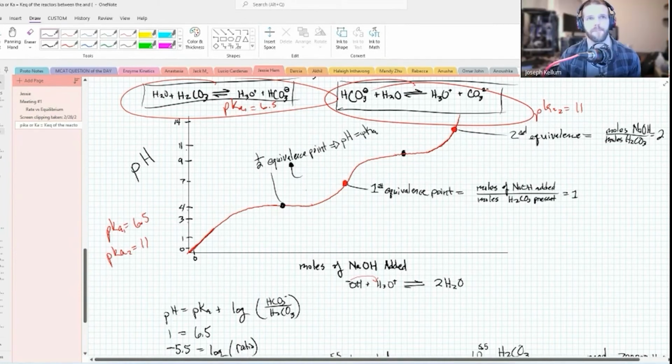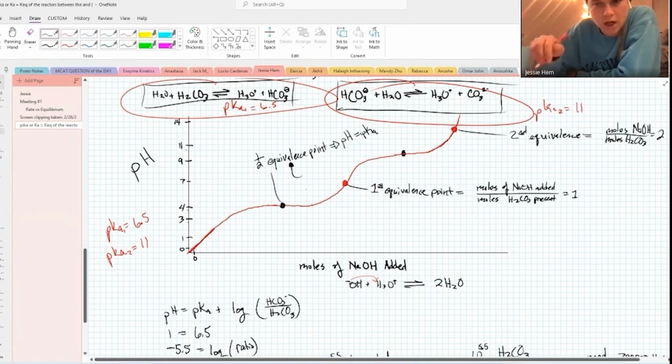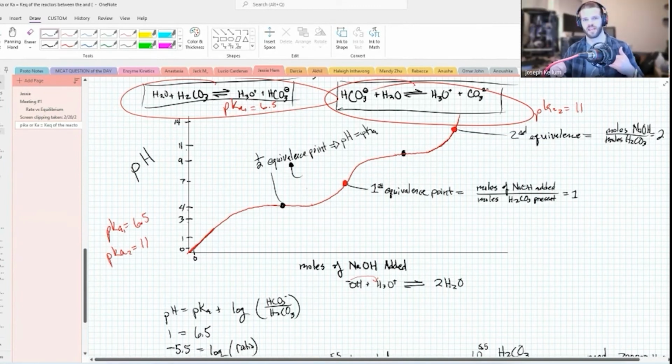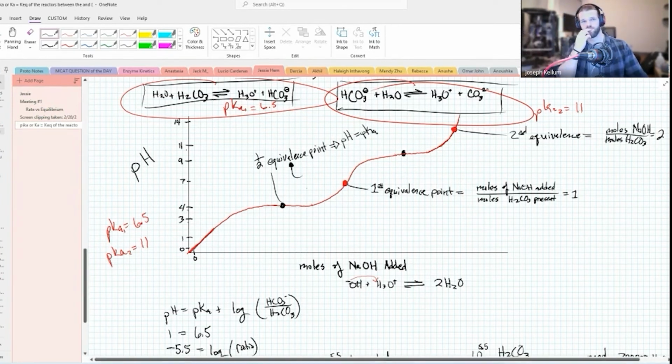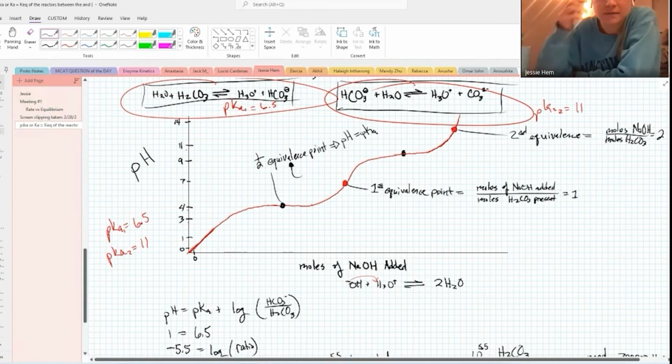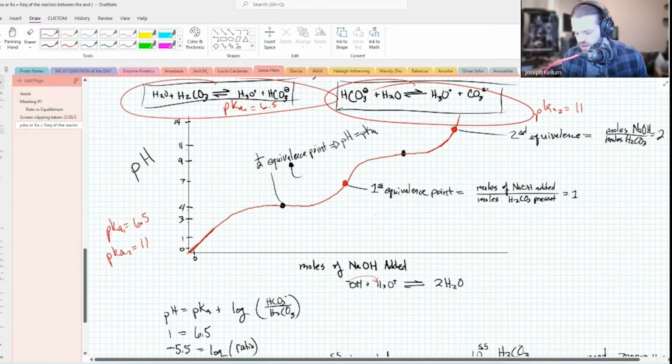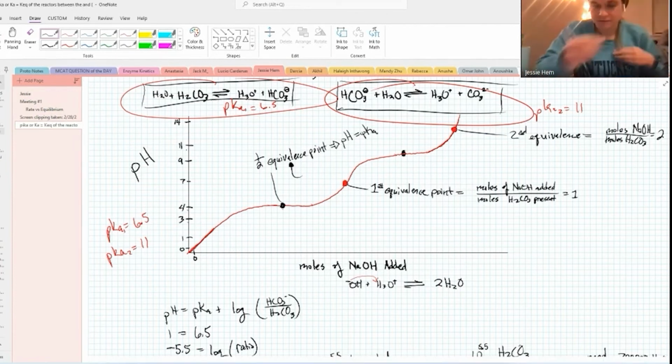So that's the point where you're getting a 1-to-1. Every mole of NaOH that you add is deprotonating a mole of H2CO3 or a mole of HCO3. Which means that the pH is no longer increasing because your buffer system is doing its job. Yes, got it.